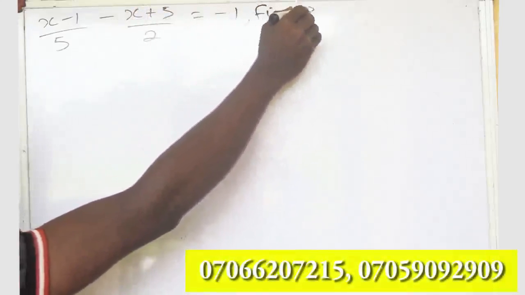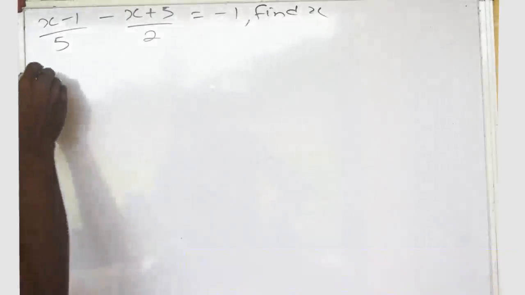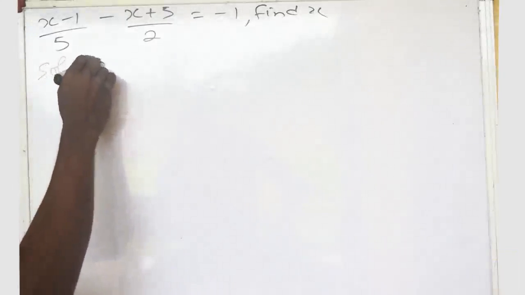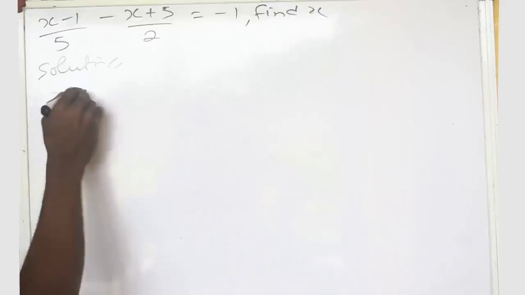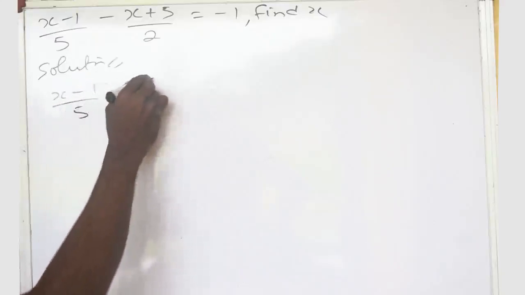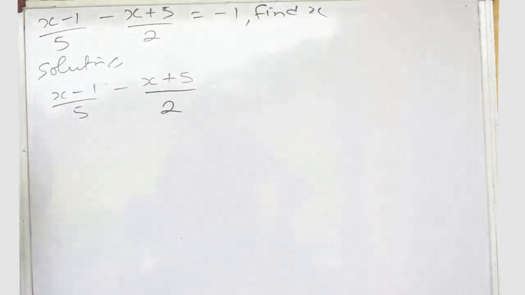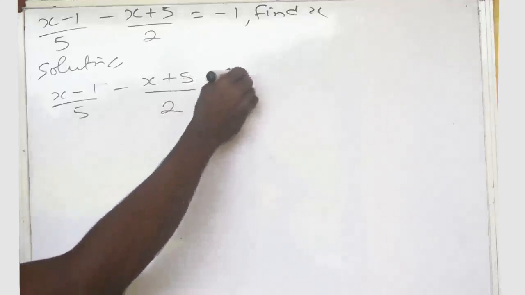When I say find x, mind you, it must not be x. I could as well put any variable there. So when you write solution, you bring down this. We have x minus 1 all over 5 minus x plus 5 all over 2 equal to minus 1.